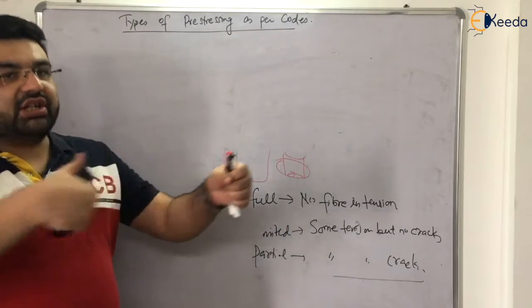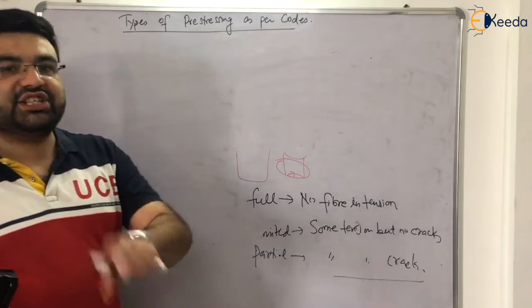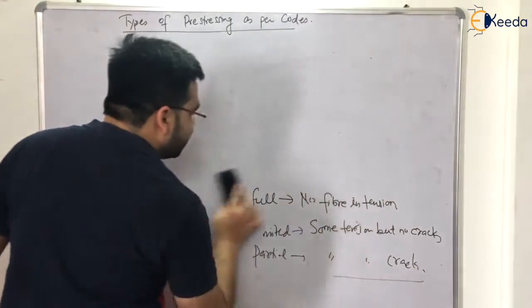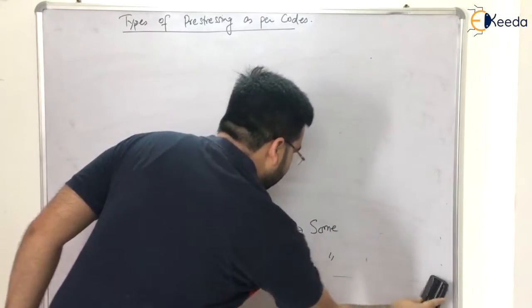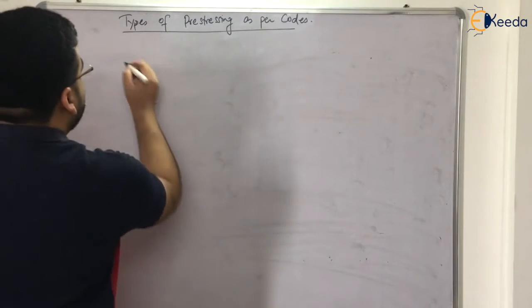And if you are stretching the tendons after we have cast the concrete or the concrete beam, it is post-tensioning. Now let me explain how it is done.